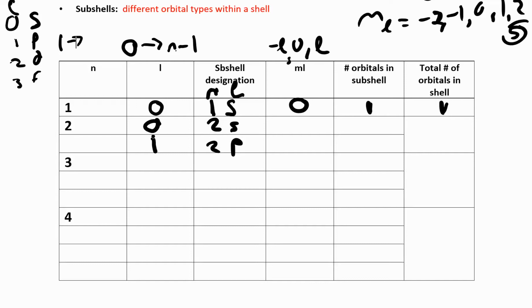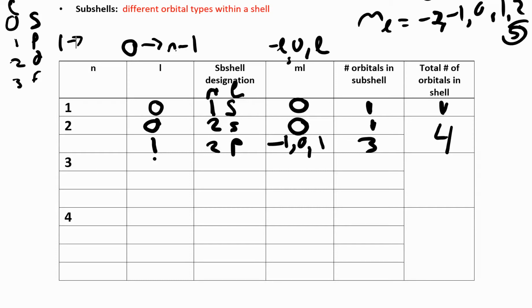For ML, if L is 0, then ML is 0. If L is 1, ML could be negative 1, 0, or 1. So in this subshell, I have 1 orientation. I just have s orbitals. And then in the p subshell, I have 3. So 3 plus 1 gives me 4 total in that shell. So in that shell, I have 4 orbitals.